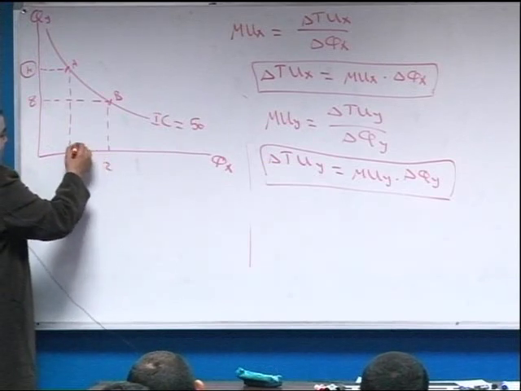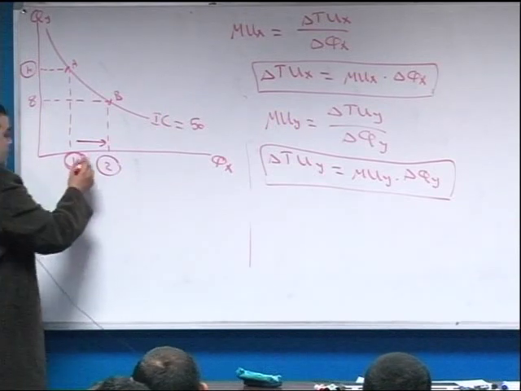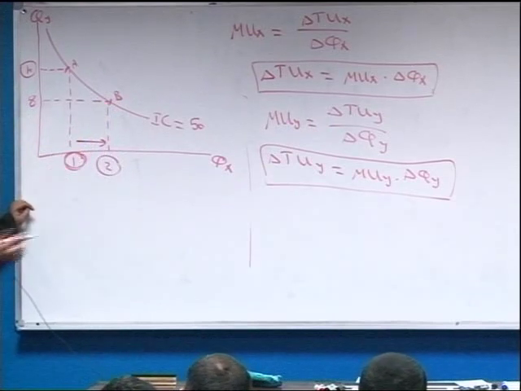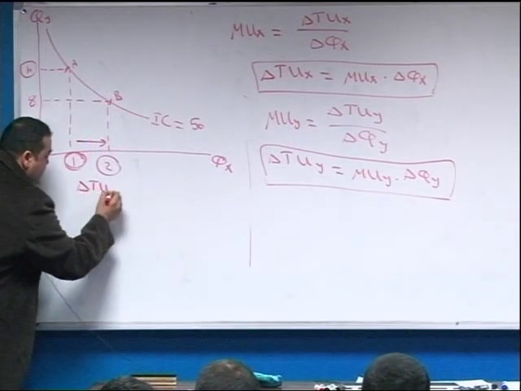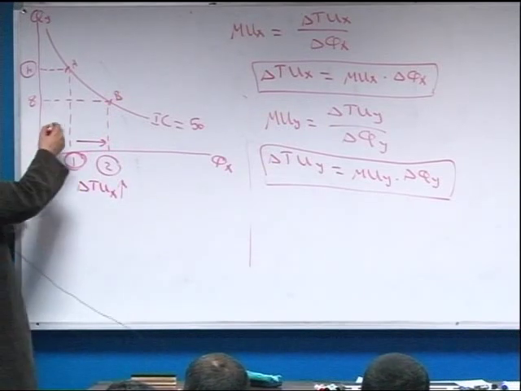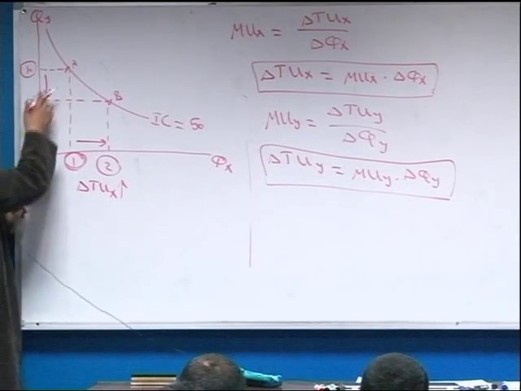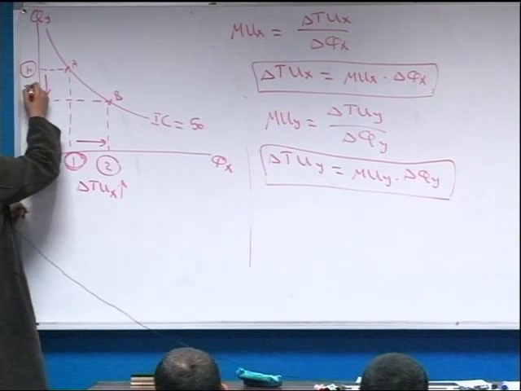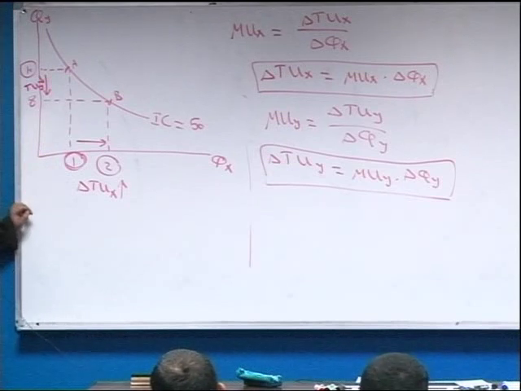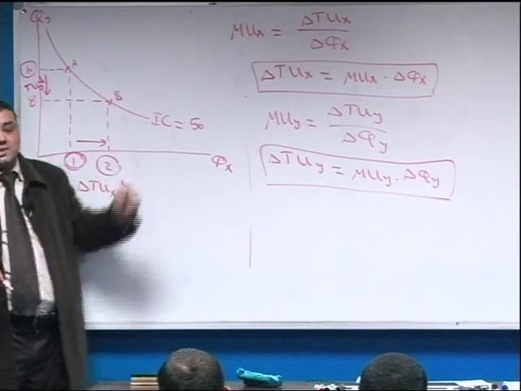At B, if he decided to increase his consumption of X, the total utility of X would increase. So, delta TUX would increase, right? And if he decided to decrease his consumption of Y, the total utility of Y would decline, right? To keep the same indifference curve or the same total utility.